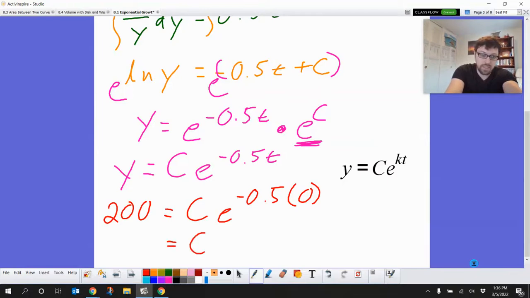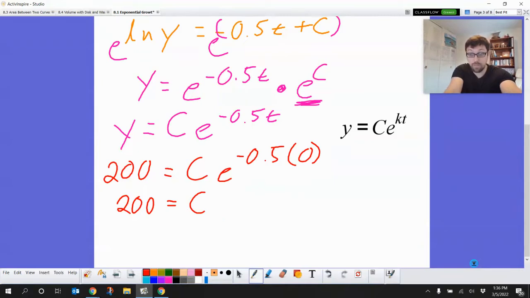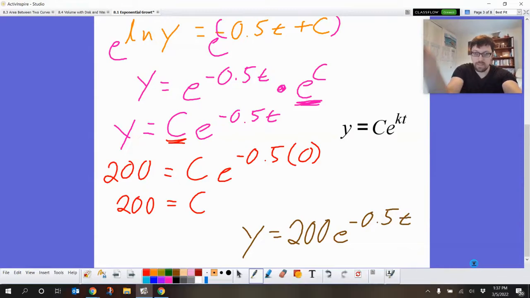So we get C equals 200. We can plug that back in for our C value and get our exponential model for this problem: y equals 200 e to the negative 0.5 t. That satisfies our initial condition.